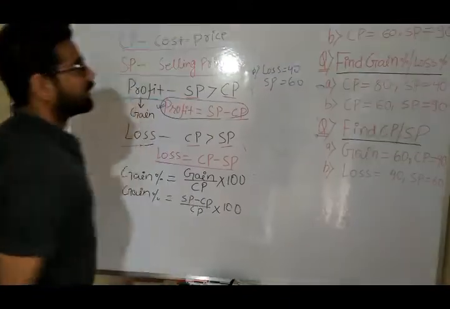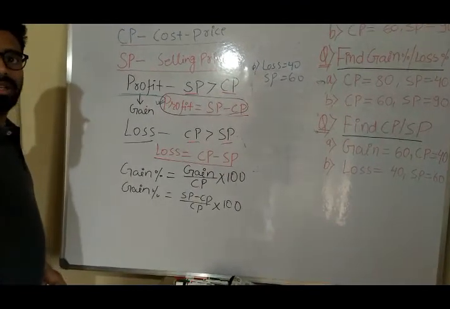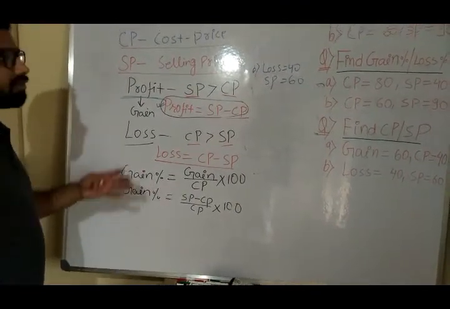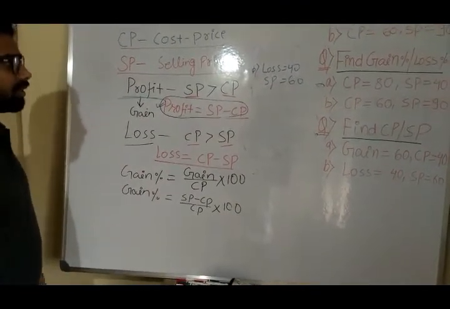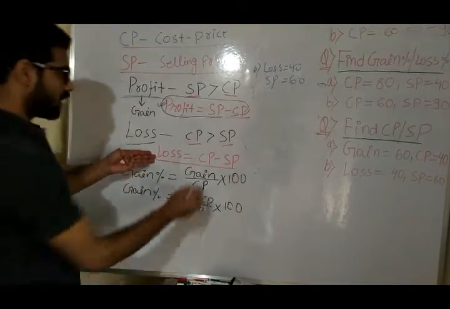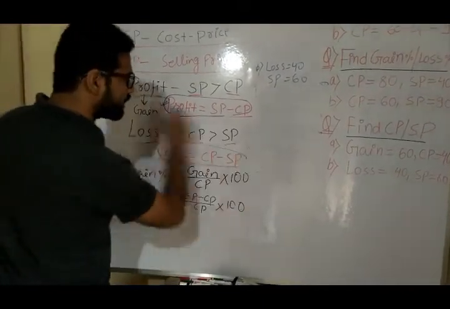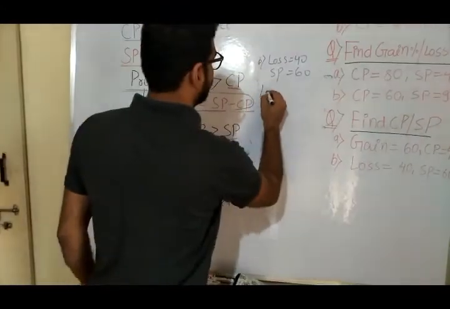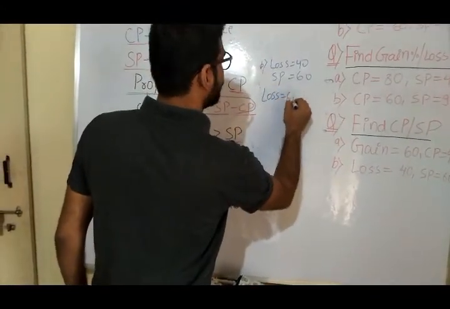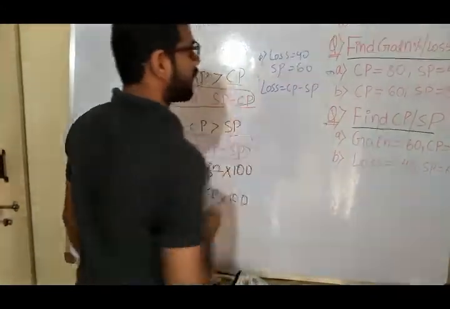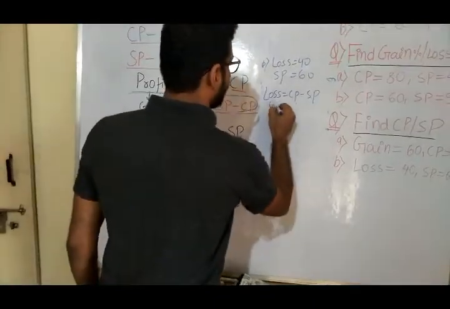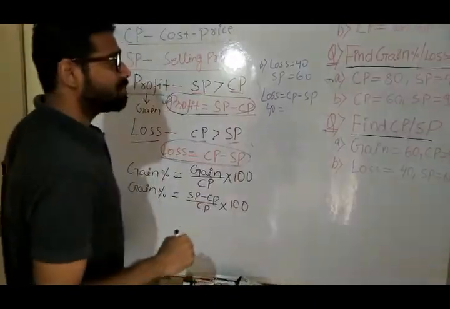Now CP is not given and we have to find CP. How to find CP? Loss is given, so you can take the formula loss is equal to CP minus SP. Loss is 40 and SP is 60.